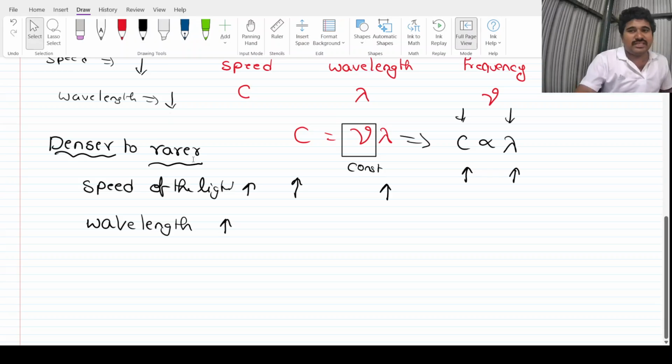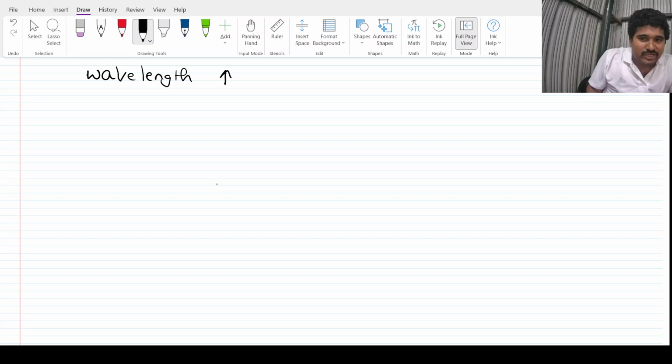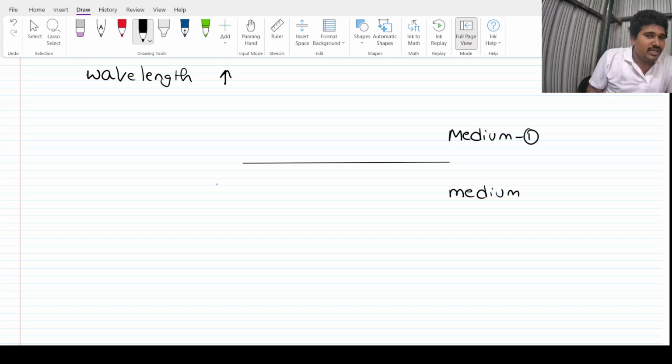I want to see how the ray passes from one medium to another medium. Let me take two mediums. This is the separating line between the two mediums. This is medium 1. This is medium 2. Light is traveling.